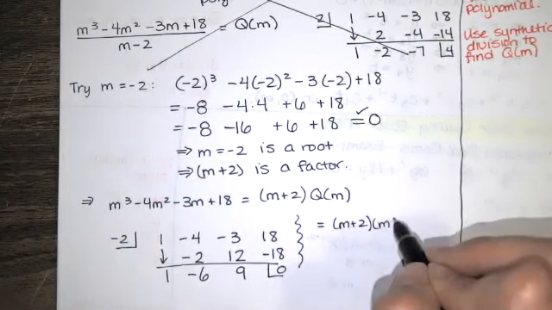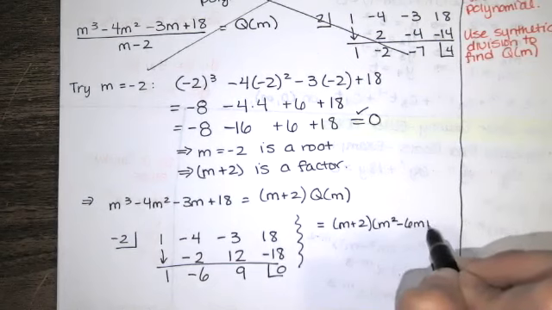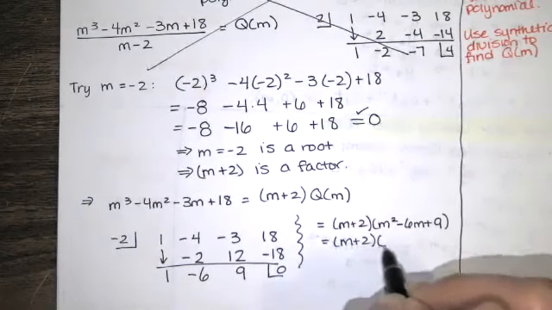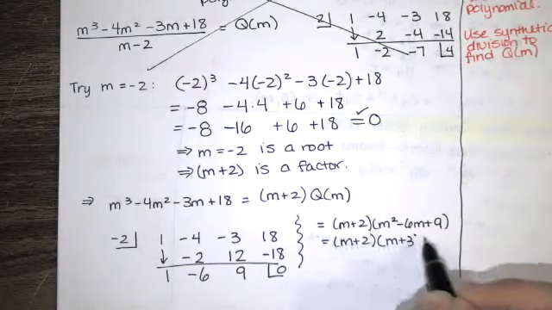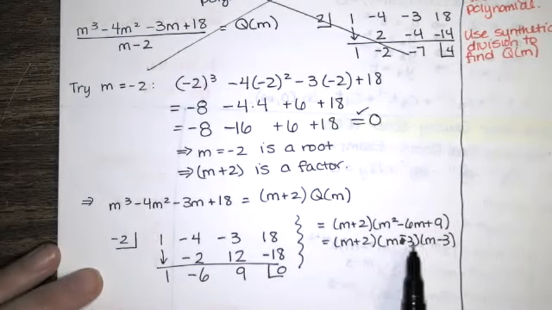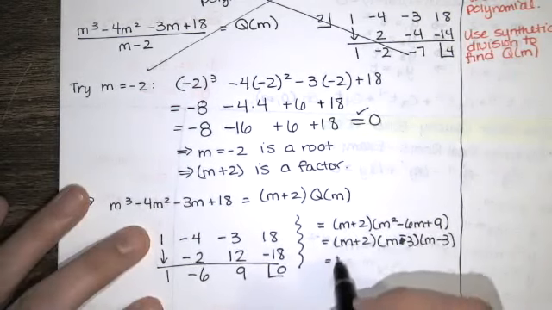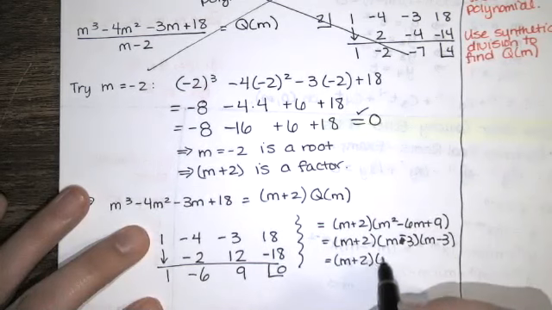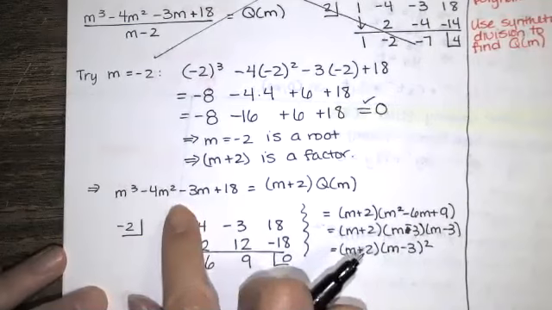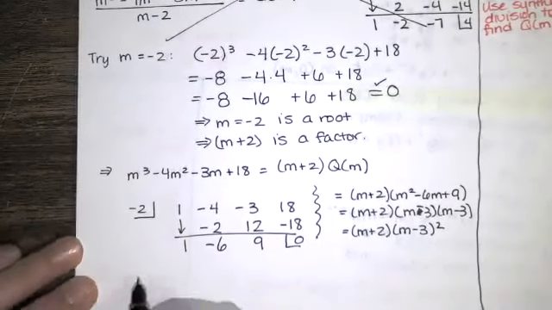So we'll have 1m squared minus 6m plus 9. And that factors further to m minus 3 times m minus 3, because negative 3 times negative 3 gives us positive 9, and negative 3 plus negative 3 gives us negative 6. So this is m plus 2 times the quantity m minus 3 squared. And that's equal to this cubic polynomial over here.